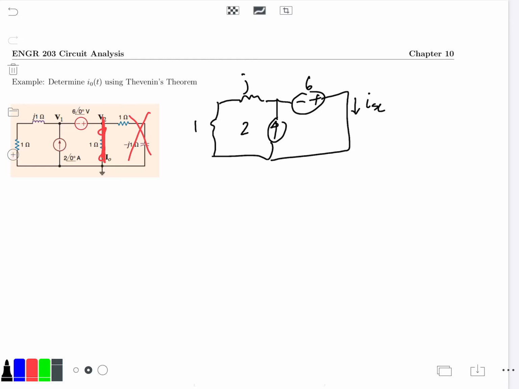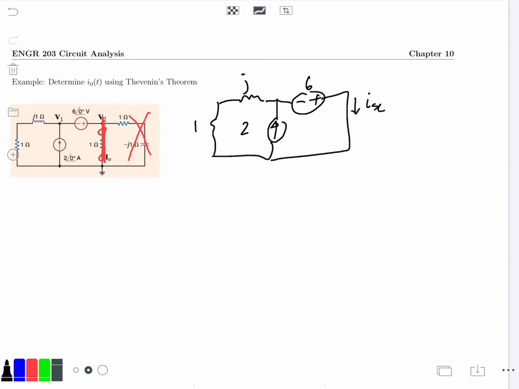Well, how are we going to do this? There's a couple options. I could do a source transformation and do it that way, or I could do a node voltage or something like that, or other options. Probably I will just go ahead and do source transformation.